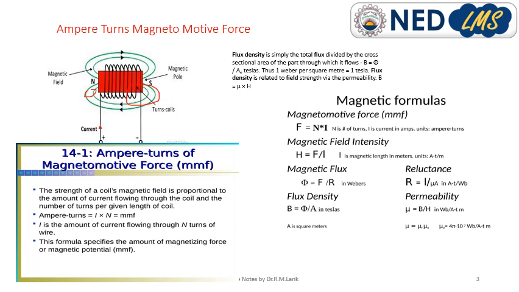Actually, this links with the hysteresis and eddy current loss. In the hysteresis loop, we see how the magnetomotive force rises then decreases. So later on, we'll see that in our next slide.